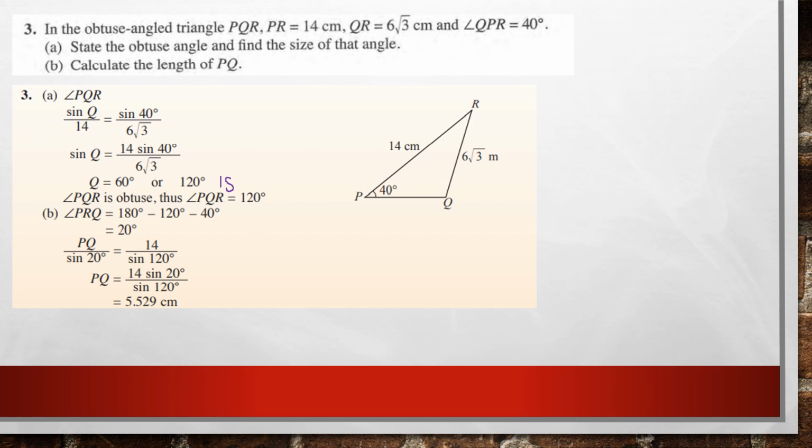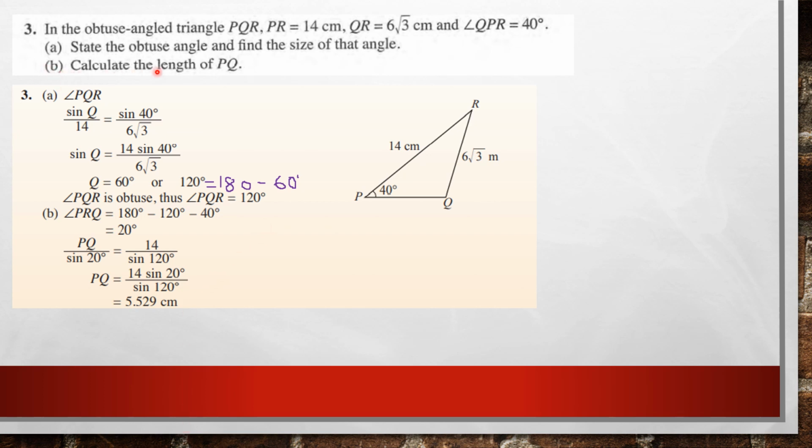So we take 180 minus the reference angle 60. This is for the second quadrant. Sine is positive in the first and second quadrants. So you will get 120. Since this is the obtuse angle, the answer is 120.